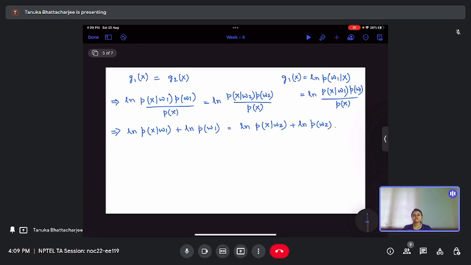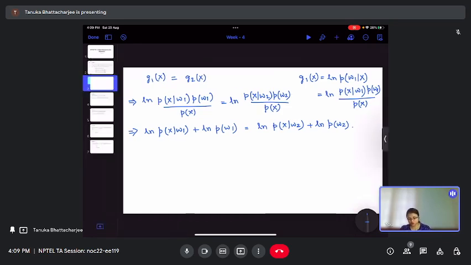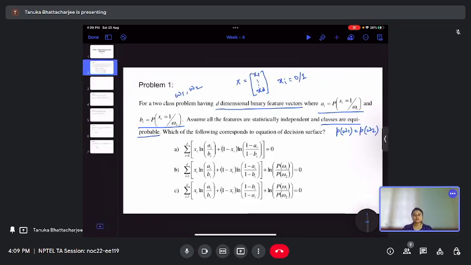Now the question is, how will you write p x given omega 1 or p x given omega 2? It is mentioned in the question that given omega 1, the probability of an element xi being 1 is ai. So we can write the conditional density in a general form.